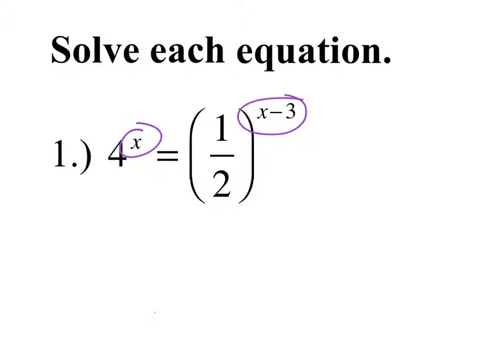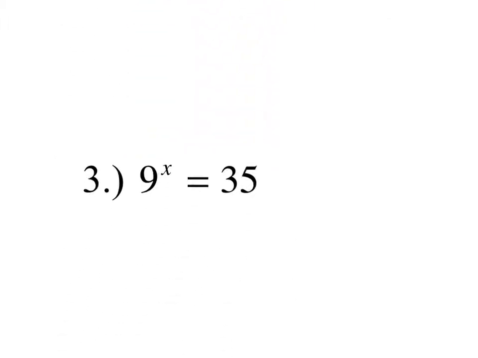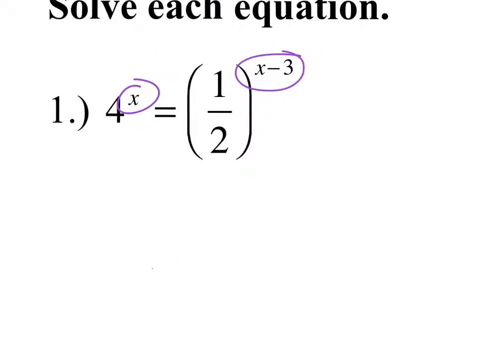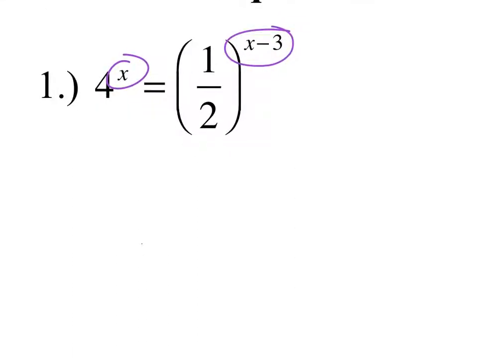If you look at number 3, there is not an exponent on each side, so in that case we would be able to undo it. But when you have an exponent on each side of your equal sign, you have to create equal bases. What could I rewrite 4 and 1/2 as with the same base? They both look like some sort of multiple of 2, so we can rewrite these with a base of 2.